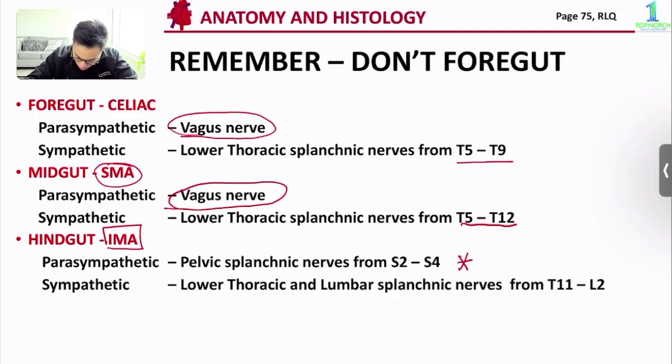I think if you just remember this for the parasympathetic of the hindgut, that's going to solve all your problems, because the first two are the vagus ones. You have there your S2 to S4, which are the pelvic splanchnic nerves. And the sympathetic here is from T11 to T12. But if I were to just memorize this slide, I'm just going to memorize S2 to S4, which is the pelvic splanchnic for the hindgut area, because the rest would be the vagus nerve.